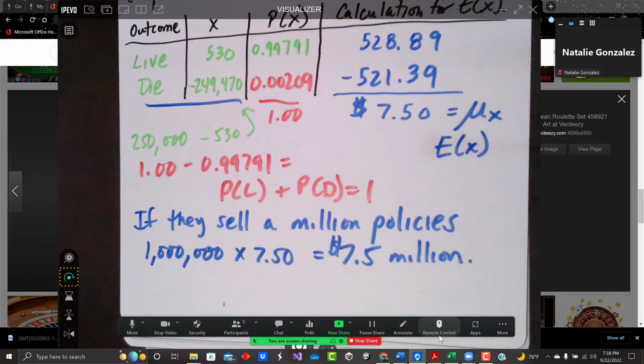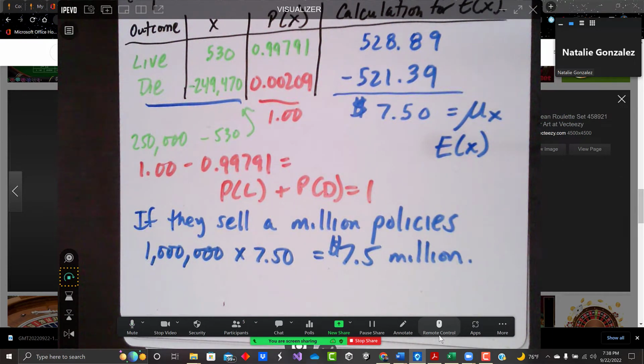It loses them money. So our expected value is how much money they make on a policy. Does that make sense? If they were both positive, it would show they expect to make 250,000 on every policy, and that's just absurd.